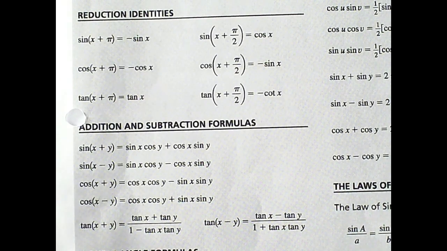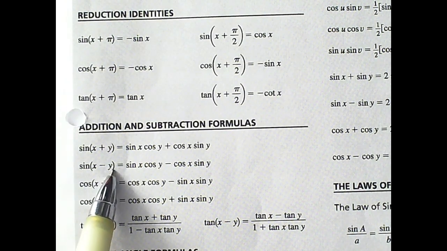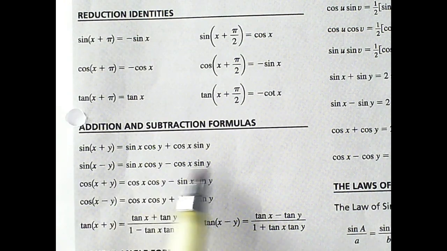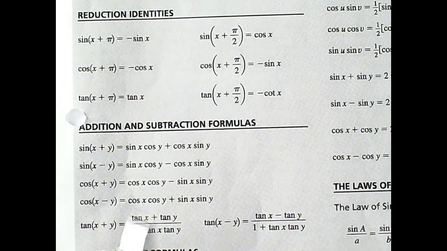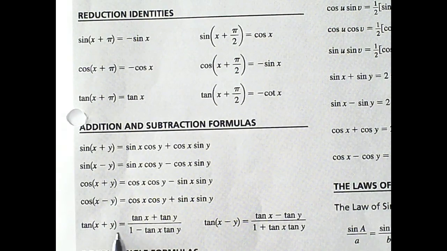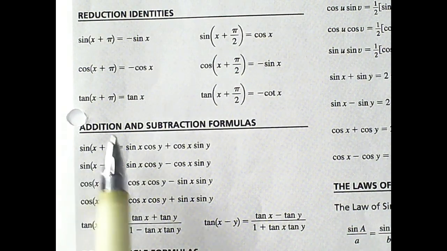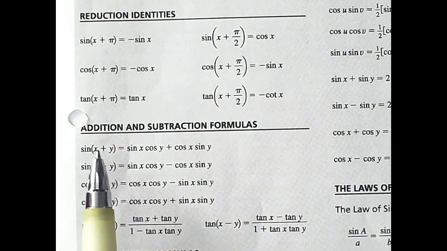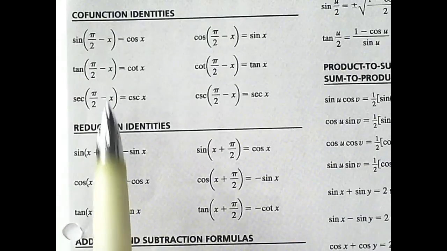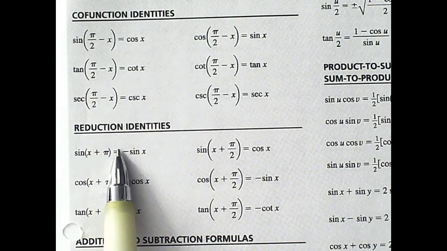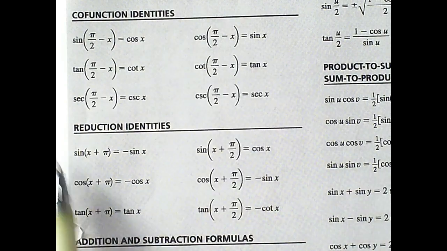We couldn't really do that before, but now we could say sine of 15 degrees, you could think of it as 45 minus 30. 45 and 30 are common angles that we know how to work with. So these were useful to us in a problem-solving sense. Another way that these are useful is that you could use these formulas to prove the cofunction and reduction identities. So that's where these come from.